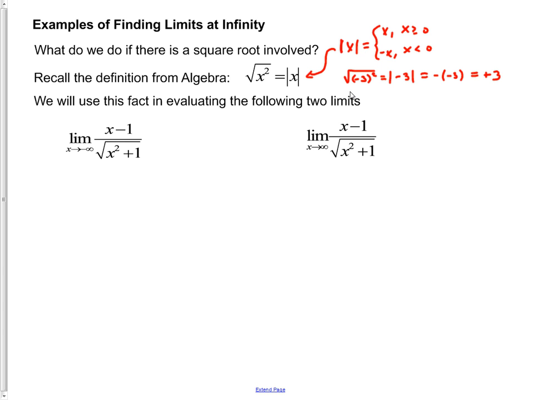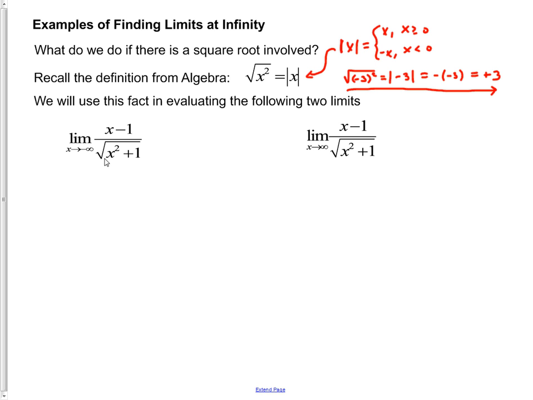Now I know this is a long chain of reasoning to figure out the absolute value of negative 3 squared under the square root, but it's important to note because we're going to use that principle here when we evaluate these limits, and let me show you how.